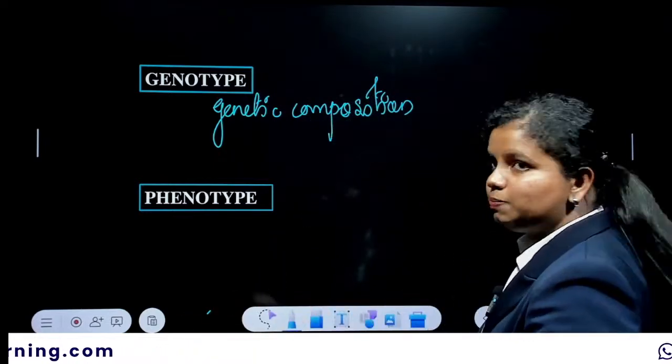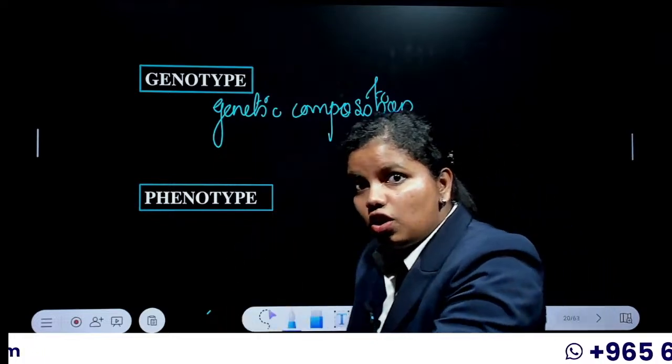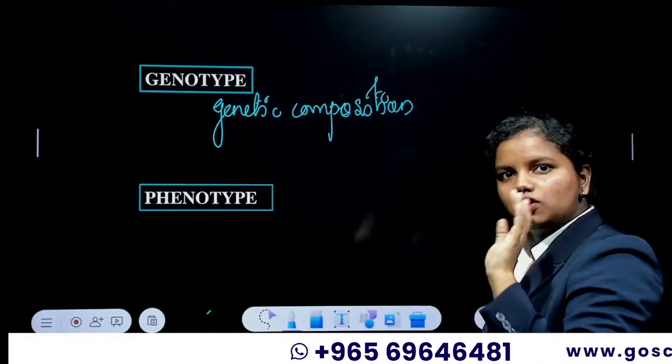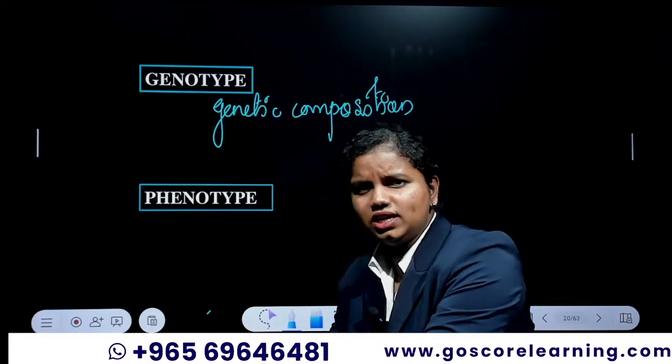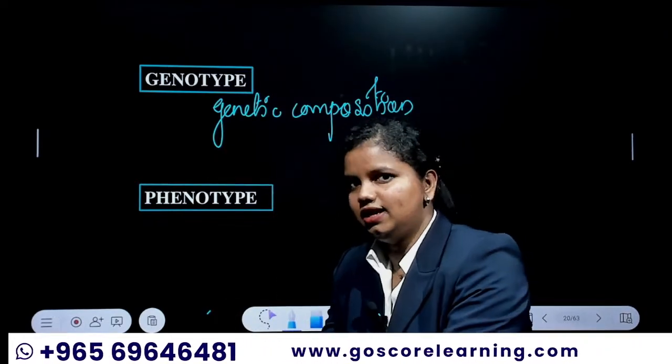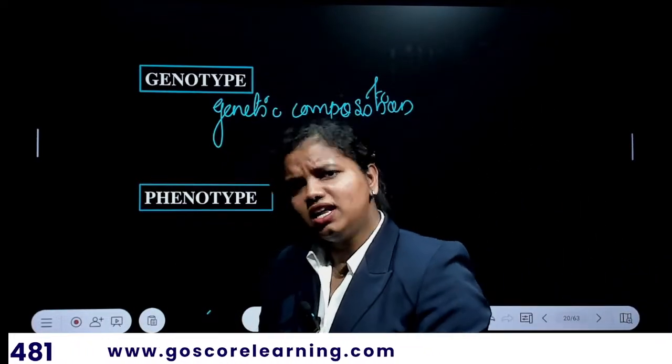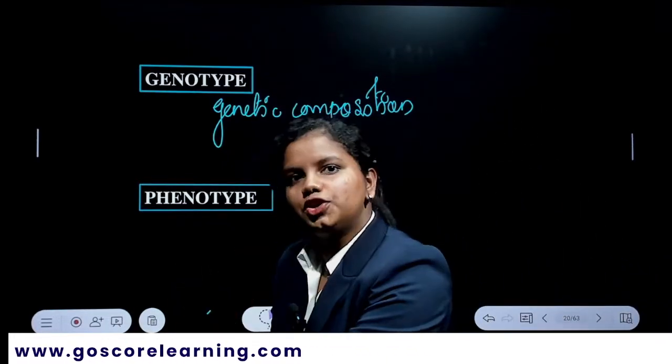Just before I explained, if a plant is tall, we call it capital T, or maybe capital T, small t, right? That is the genetic composition which you cannot see. It's inside the plant, inside its nucleus. We cannot see what the gene is like. But through cross fertilizing the plants, we can understand what the genetic composition is.